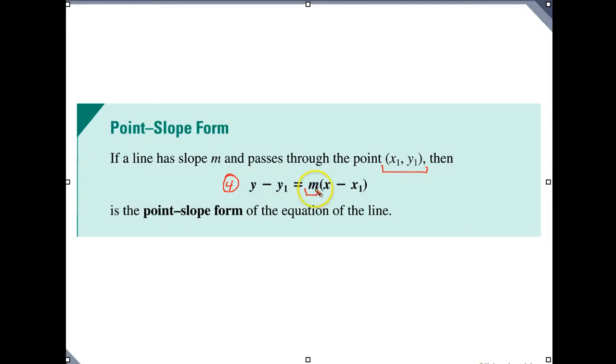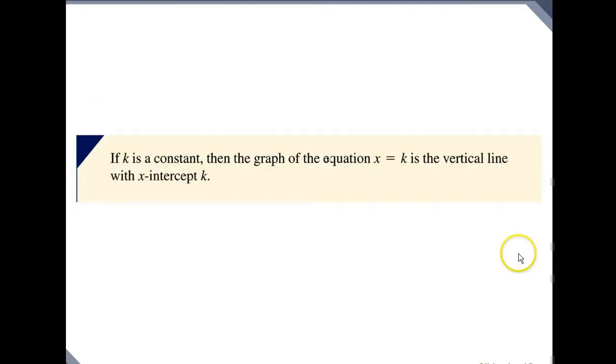You could put it in this formula and actually develop an equation. That equation could be in Formula 1, which is standard form, or Formula 2, depending on what they're asking you for. So this would be the equation you would use. And I'm assuming you're going to get some examples on this here in your work.